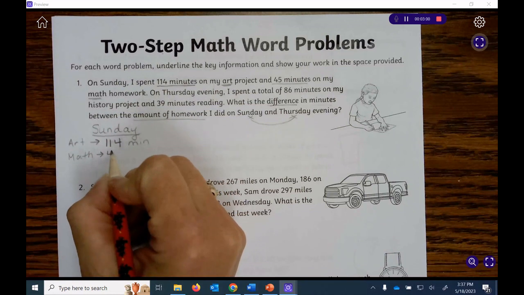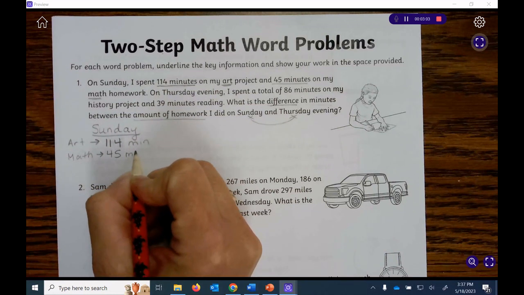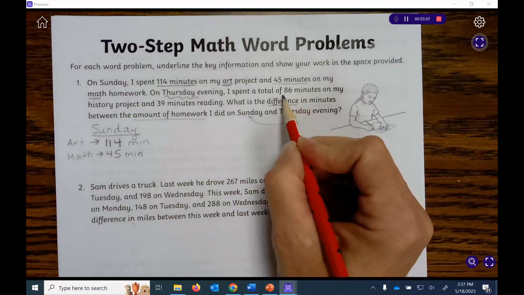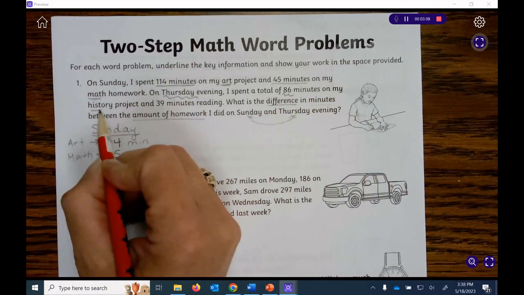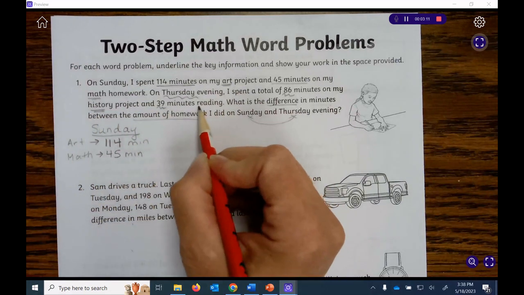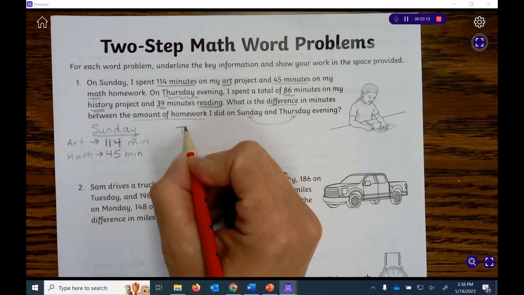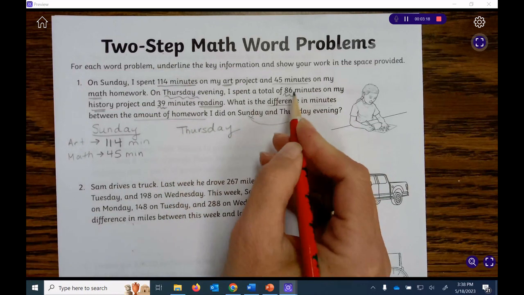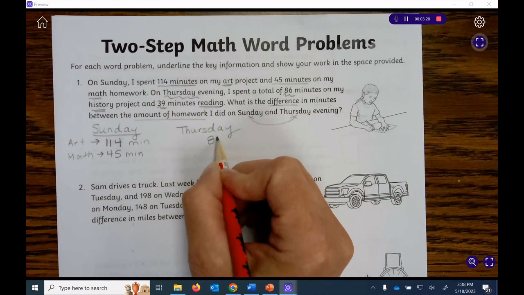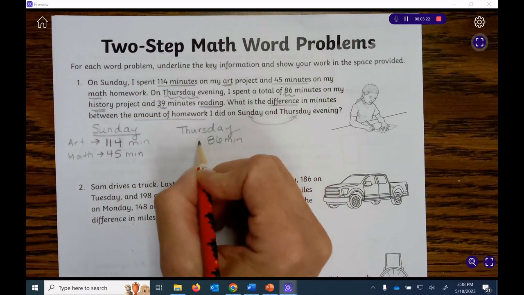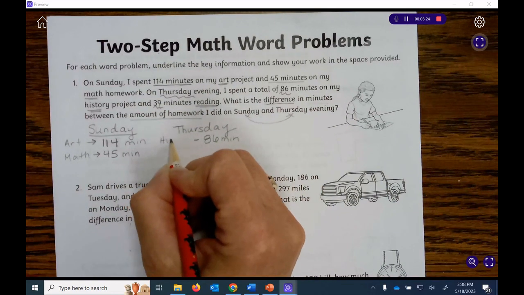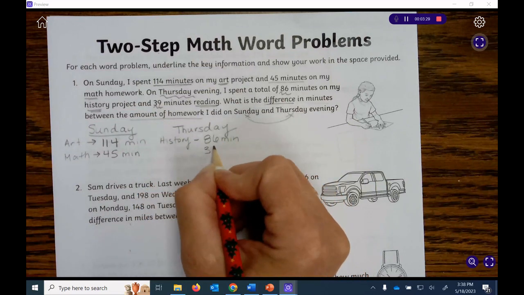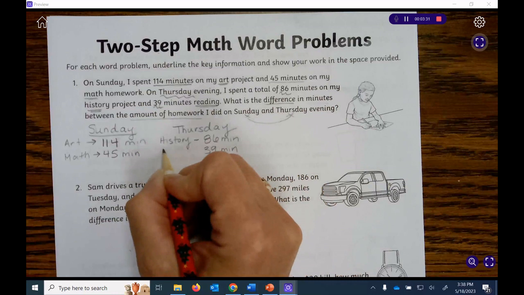On Thursday, I spent a total of 86 minutes on history and 39 minutes on reading. So we have Thursday, 86 minutes on history and 39 minutes on reading.